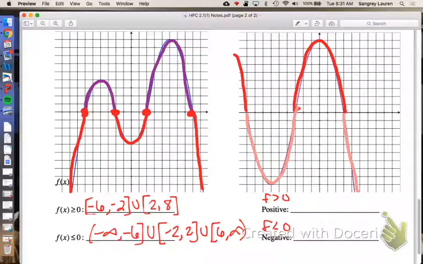So it looks like positive, so -infinity to -9. Open bracket, we're not including 0 this time. We're also above the x-axis from -3 to 3. And then we're below the x-axis, -9 to -3, open brackets. And then we're below from 3 to infinity.